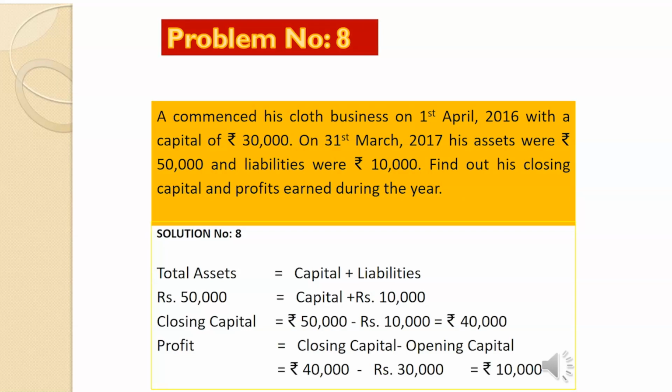Then the next one: let us see how to calculate closing capital and profit earned during the period. Here A commenced his cloth business on 1st April 2016 with a capital of rupees 30,000. On 31st March 2017, his assets were rupees 50,000 and liabilities were rupees 10,000.